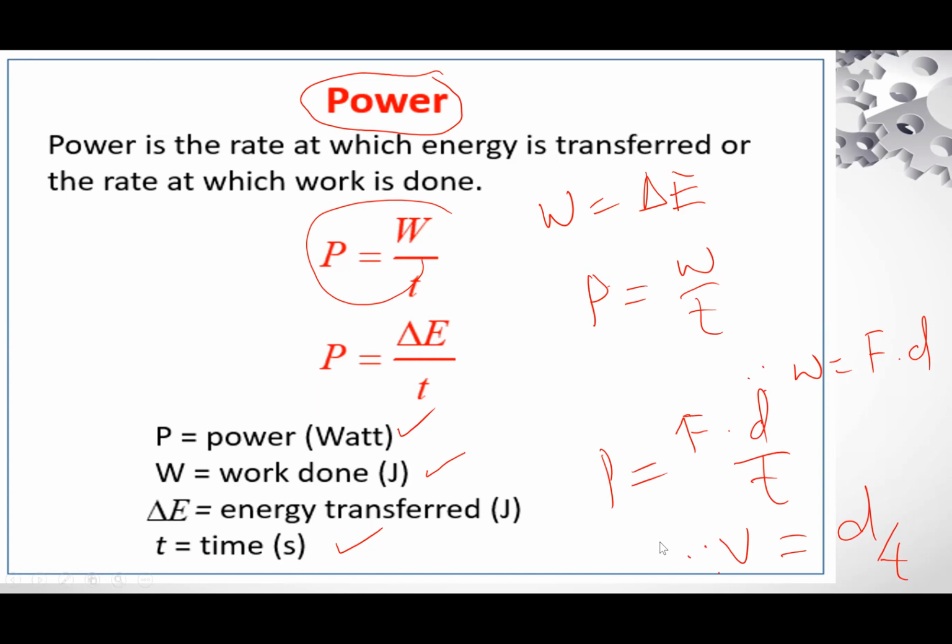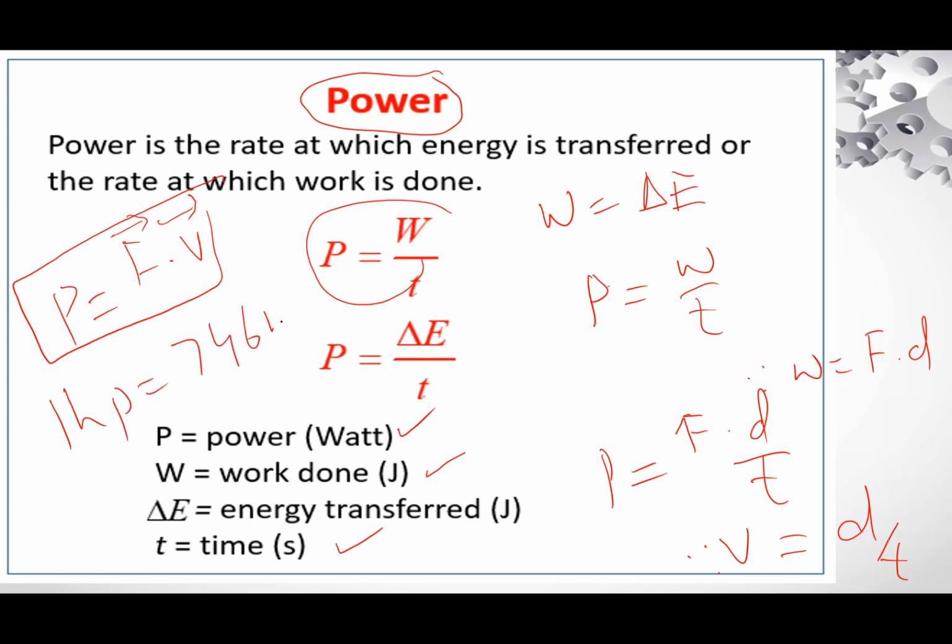Use it as a reference. Power will be equal to F dot V. The dot product of velocity and force is called power. 1 horsepower is equal to 746 watt.